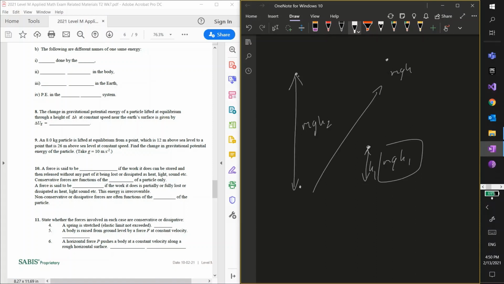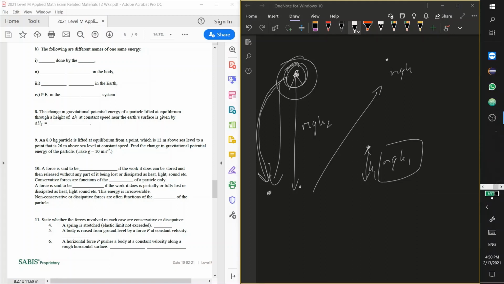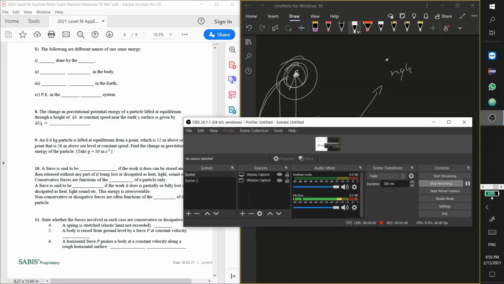If the object were to drop from here to here, your full energy is converted from potential energy to kinetic energy. Not some of it, not part of it, but the full energy. So it's conservative because the full energy gets transferred. Now, if only a part of that energy gets transferred, that's when you have a non-conservative force or non-conservative work.